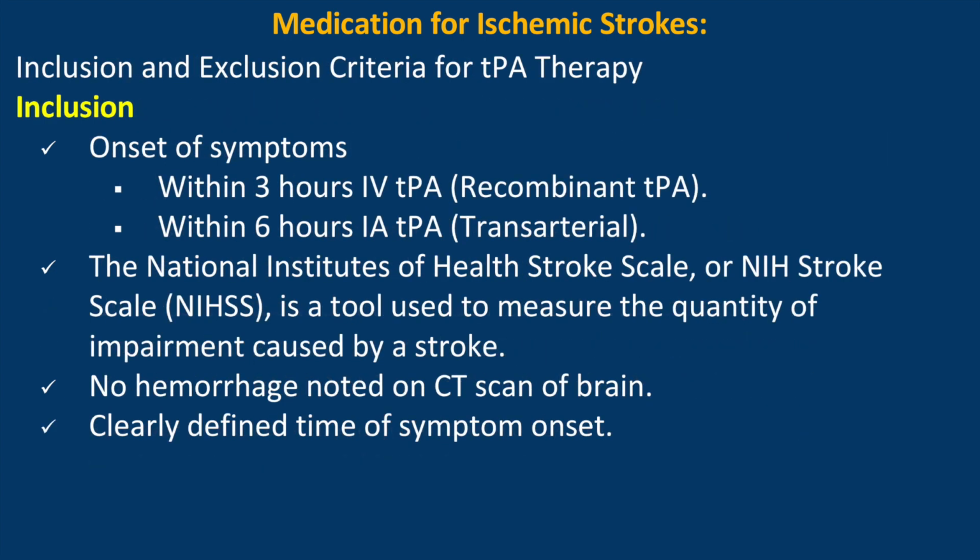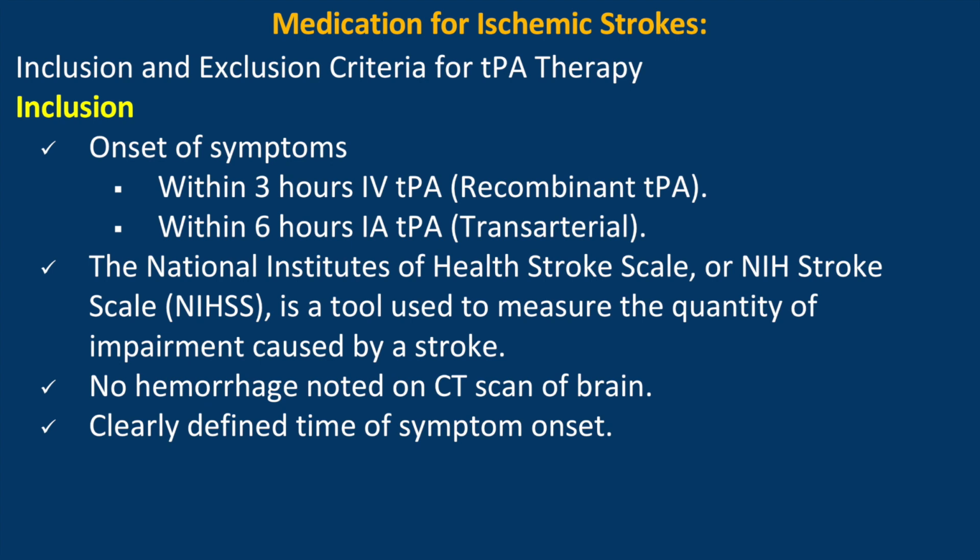Now we will see the inclusion and exclusion criteria for TPA therapy. Inclusion: onset of symptoms. The recombinant or IV TPA is given within 3 hours of onset of symptoms. The IA TPA or transarterial TPA is given within 6 hours of onset of symptoms.